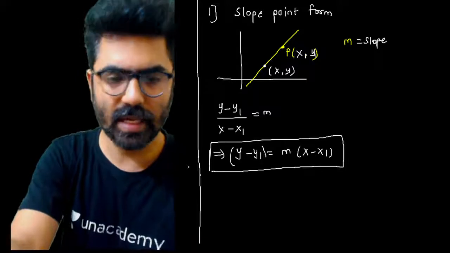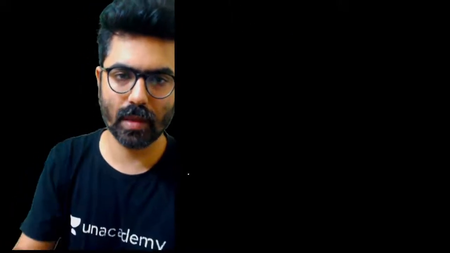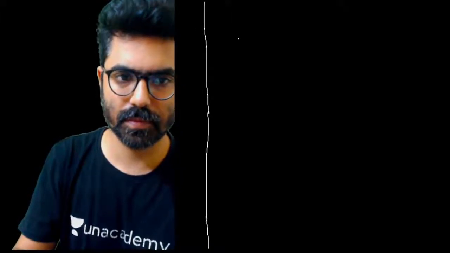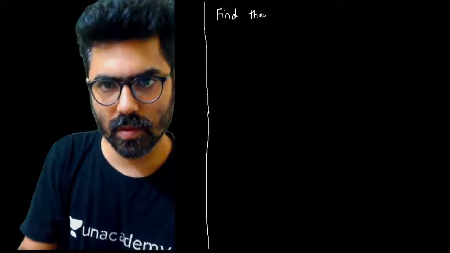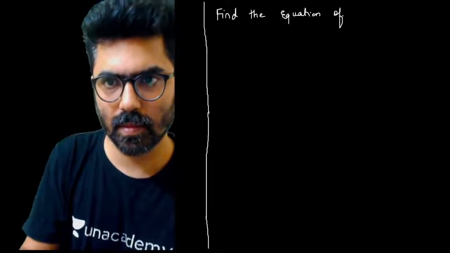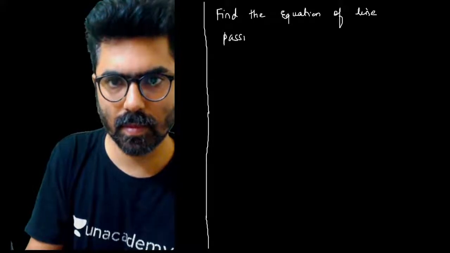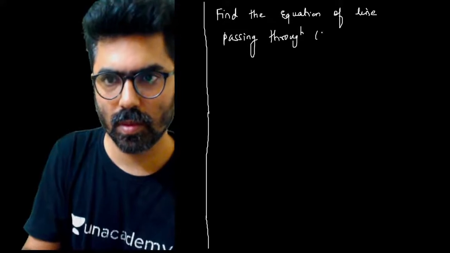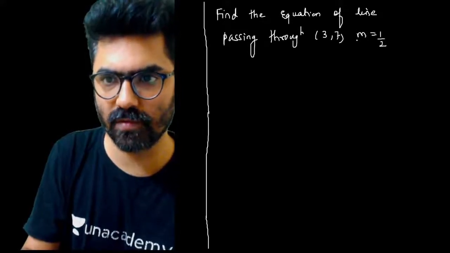Let's take an example based on this. Find the equation of line passing through 3, 7 and slope is equal to half.